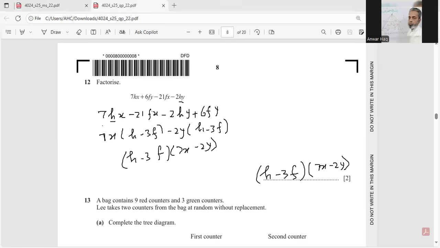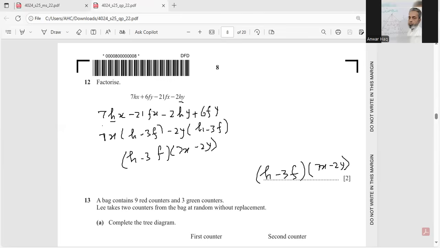Question 13. A bag contains nine red balls and three green balls. Lee takes two counters at random from the bag without replacement. This means that when you take out one, you will not put it back. So the probability of red will be 9 over 12, and for green, the first counter, this will be 3 over 12.